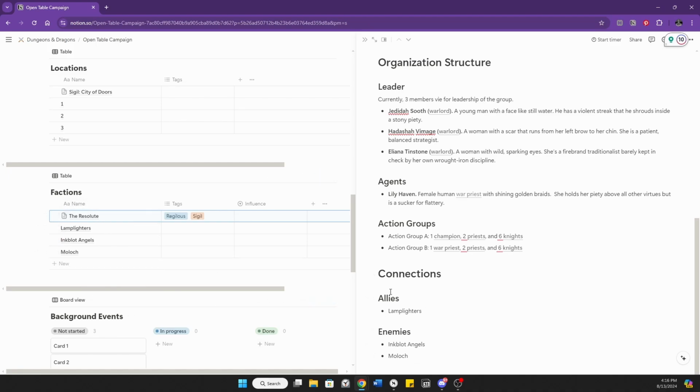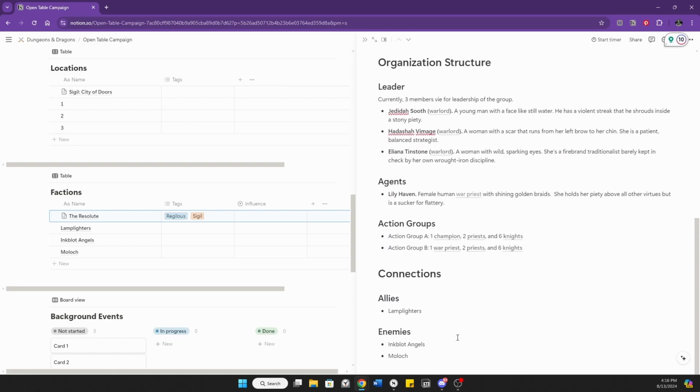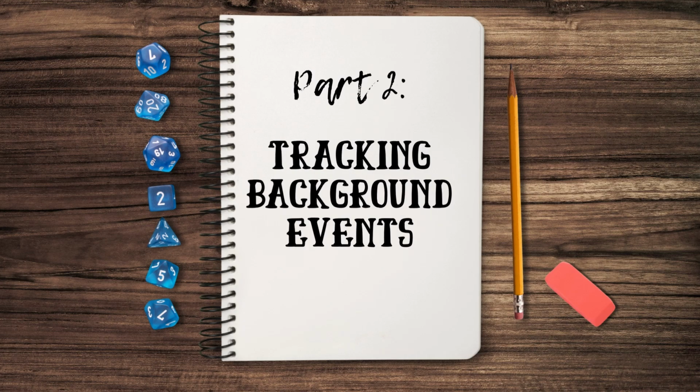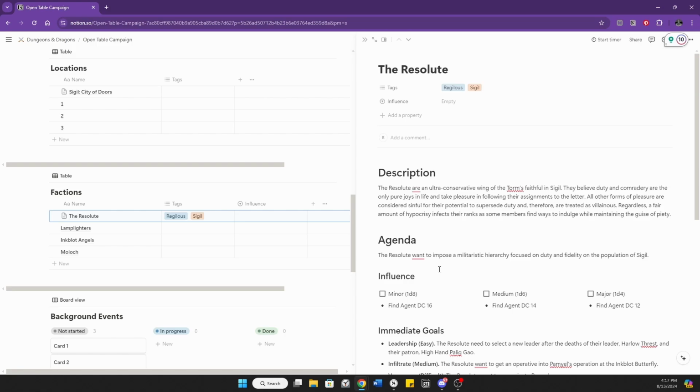I'm just cross-referencing them here so that when I'm dealing with the Resolute and the party runs into an agent from Moloch, I know that that's somebody who might be incentivized to help the party oppose the Resolute, or vice versa. So that's really all there is in terms of making an actual playable faction.